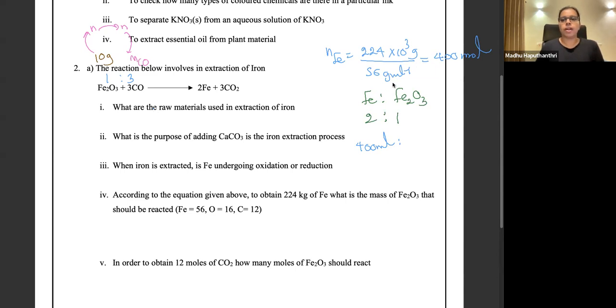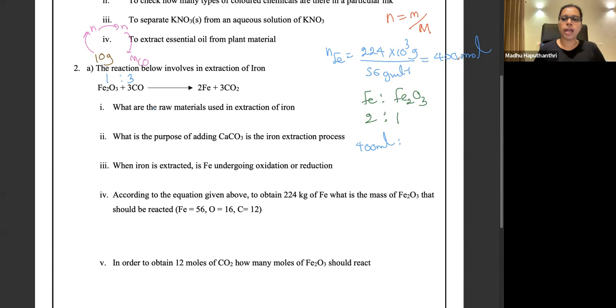Now, here what I did was, this is a mass of Fe. 224 kilograms I converted to grams, because the molar mass is coming in grams too. So the equation I'm dealing with is simple n equals small m over capital M. Capital M is always coming in grams per mole. Therefore, I can't keep the top one in kilograms. Then convert it to grams by multiplying by 1000. Then I got the number of moles of Fe.